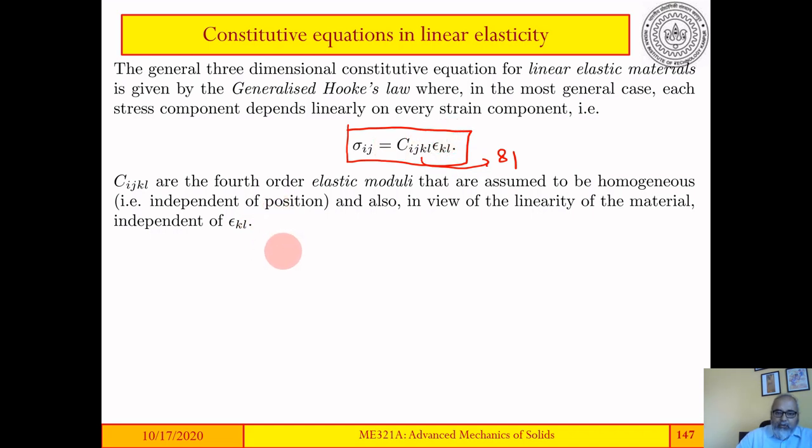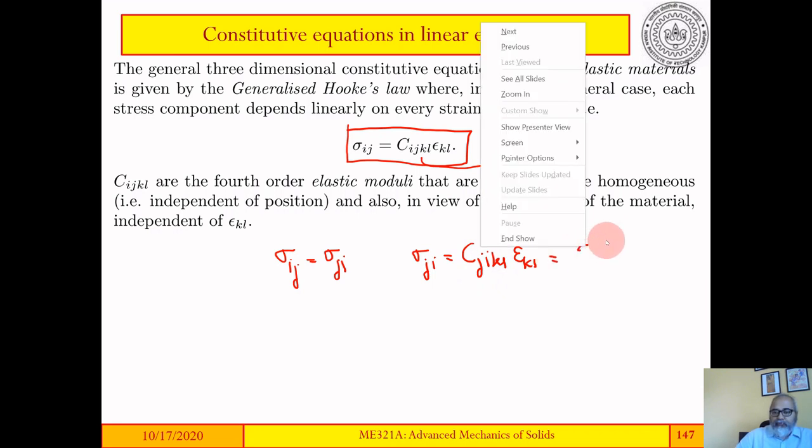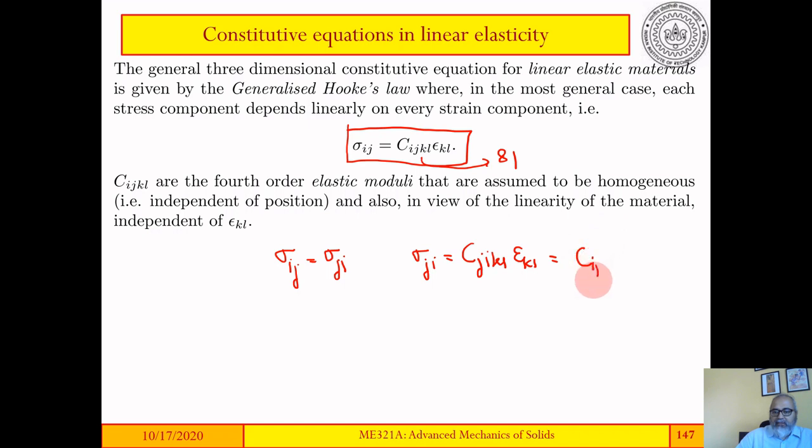For example, I know that sigma ij is equal to sigma ji by the balance of angular momentum. So I must have sigma ji equal to C_ijkl epsilon kl equal to sigma ij, which is C_ijkl epsilon kl, which can only be possible if these two things, this and this, are the same.